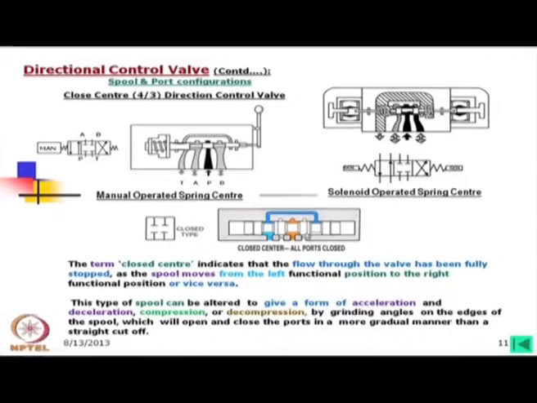What I have already mentioned is that these spool edges are very important. In case of a servo valve, normally you will find these edges are very sharp, whereas in case of a direction control valve, a chamfer is given. Sometimes the corner is made round, by changing the spool configuration as well as slightly the edge of the ports also.